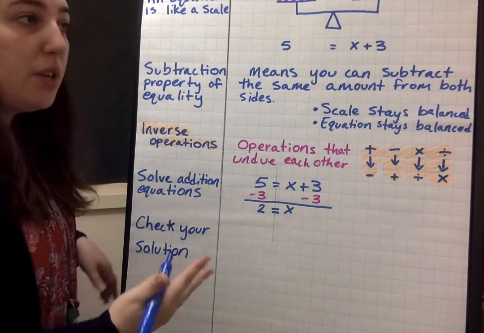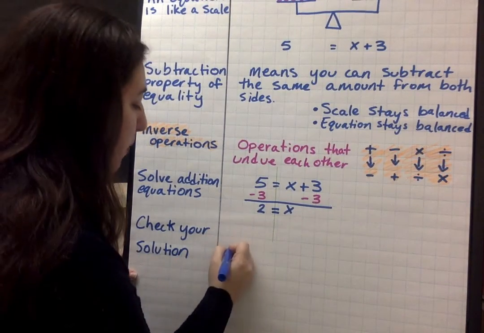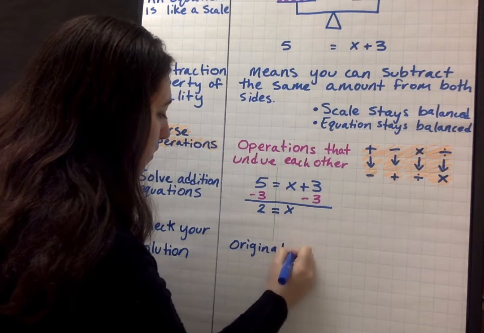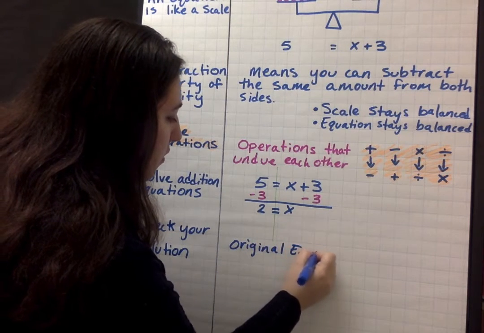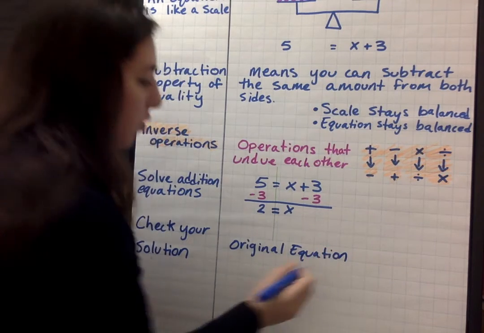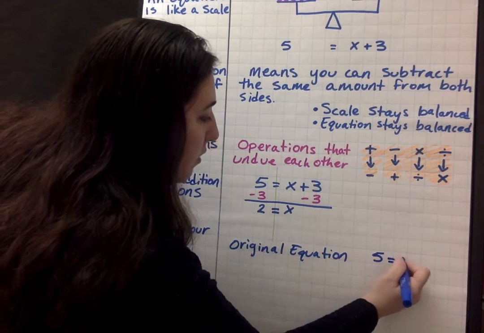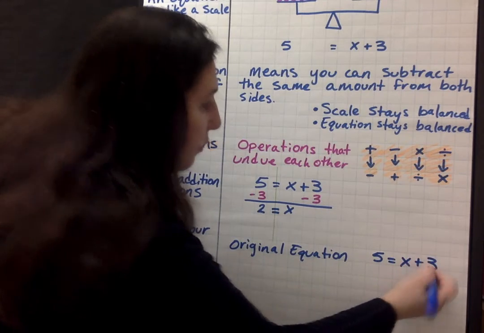First thing to do when checking your solution is going to be to write down the original equation. So our original equation was 5 equals x plus 3.